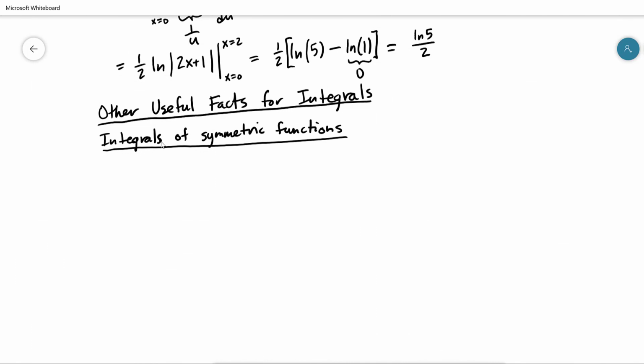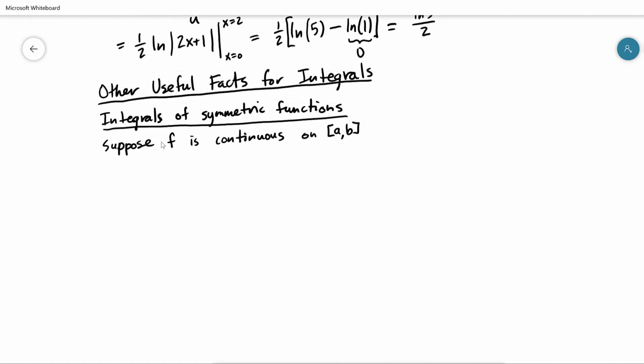So let's suppose that our function f is continuous on whatever interval we're interested in computing the integral of. So it's continuous on a to b. And we have the following.